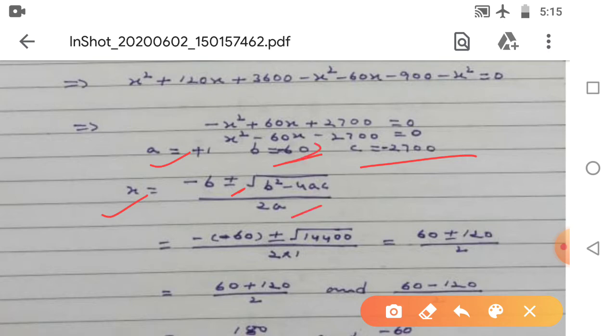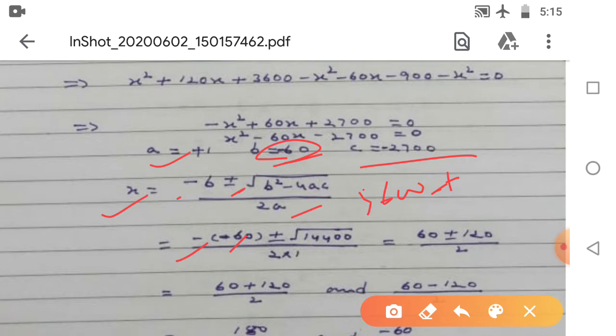So, the value of b is minus 60, so minus b is 60, plus minus under root b square minus 4ac. It means b square, minus 60 whole square, is 3600, minus 4 into a into c, that is 4 into minus 2700, that is plus 2700 into 4.